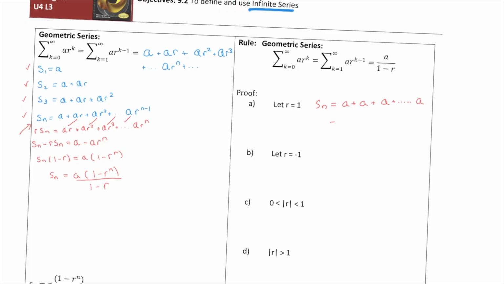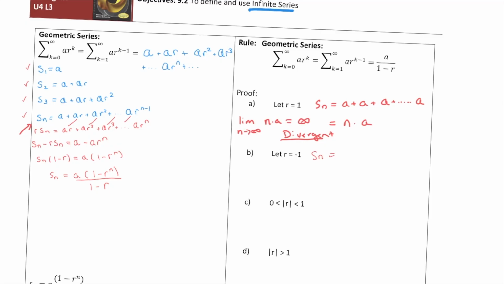So S of n is going to be equal to n multiplied by a. And if we take the limit as n goes to infinity of n times a, we know that answer is infinity. So wait, that means when r is 1, we have a divergent series. That's a bummer. But what if we let r equal negative 1? Let's try that.